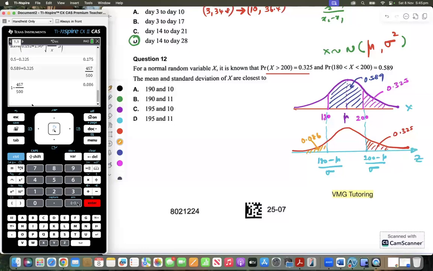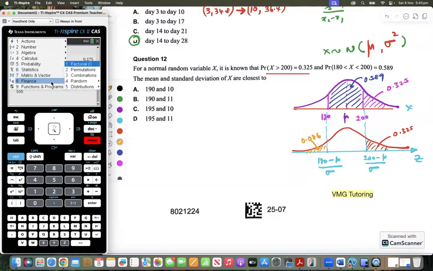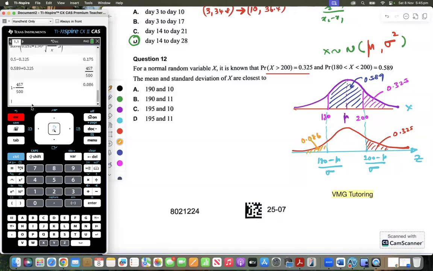Okay. So let's get the inverse normal function. It's not on my calculator. Doesn't move properly on my calculator. Let's try to write it, it's easier.